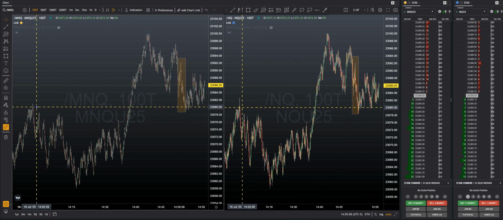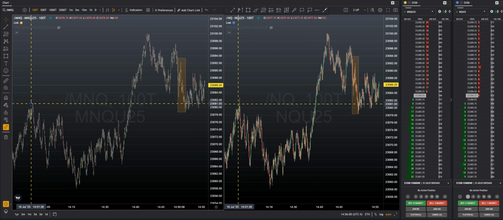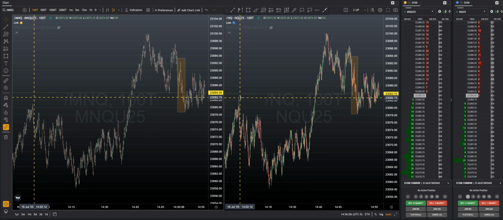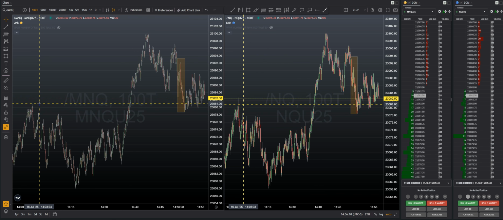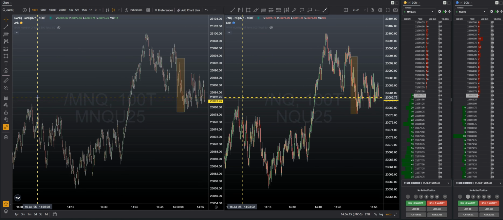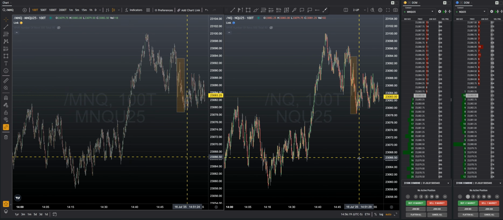This is actually a different peak level. So here on the left side, a 23081 for MNQ, but on NQ, it was 23082.75. This is 81, and this is 2. So there's just over a 2-point difference from MNQ to NQ.